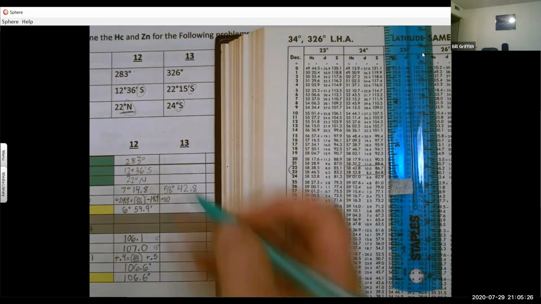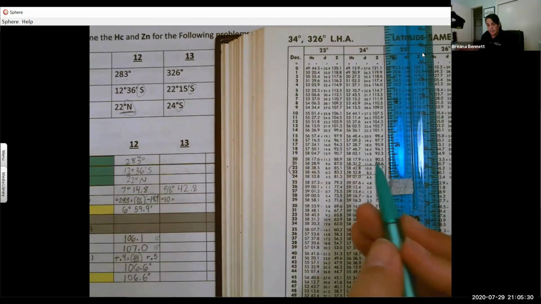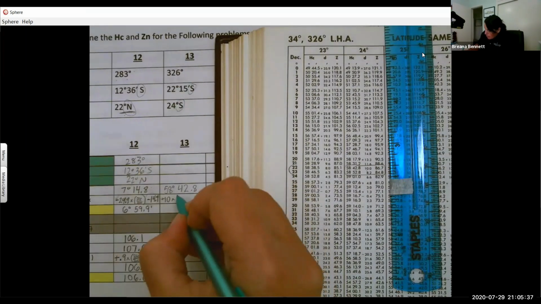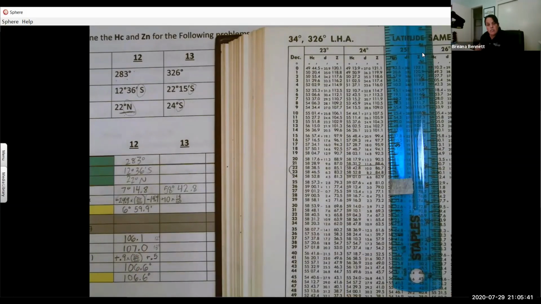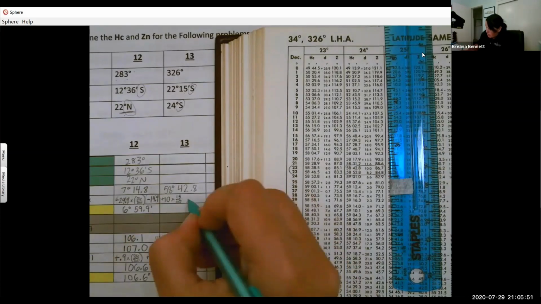And then my fraction of the declination is going to be 15/60. So I'm multiplying that by 15/60. So I have 15/60, 0.25 times 10 gives us a correction of plus 2.5.